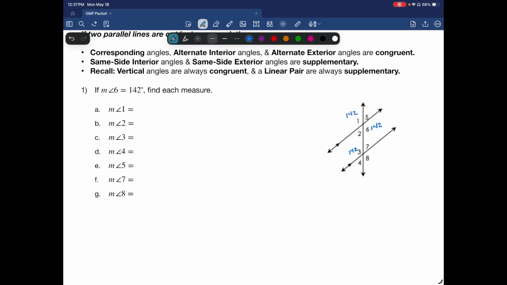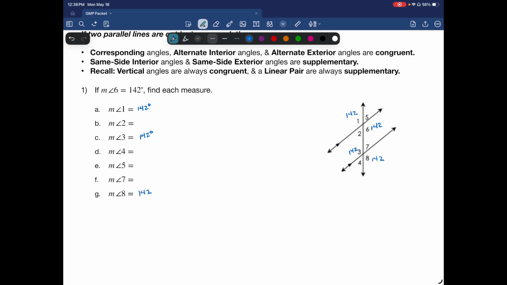Also, 1 and 3 are corresponding, and corresponding angles are congruent. 6 and 8 are corresponding, and 3 is also vertical to 8, so this is also 142. So I know that angle 1 is 142, angle 3 is 142, and angle 8 is 142.